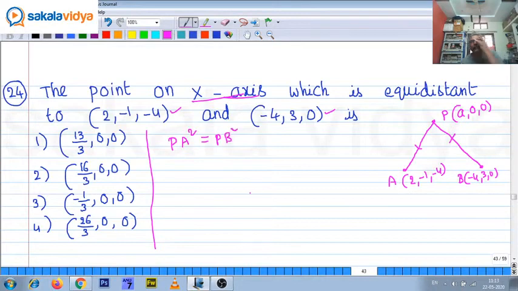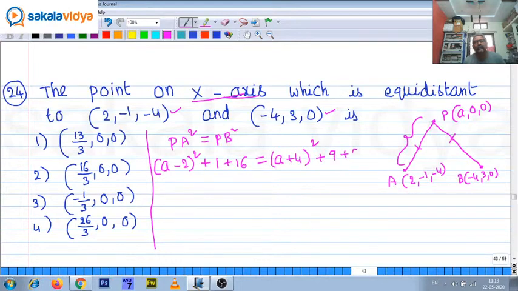PA square is equal to, you can write (a minus 2) whole square, x2 minus x1 square. Distance between these two: (0 minus 1) square 1 plus (0 minus 4) square 16 equals PB square, which is (a plus 4) square plus (0 minus 3) square 9 plus 0. Now we can write like this.